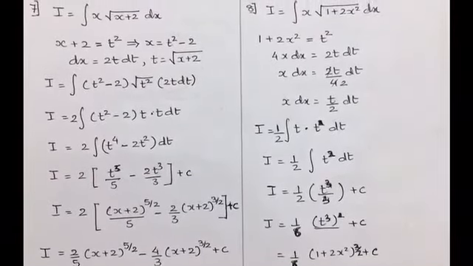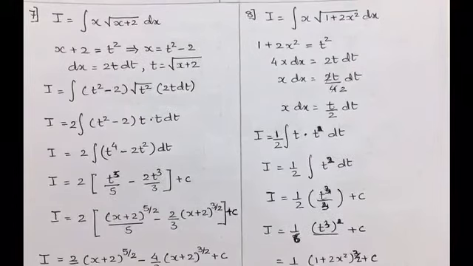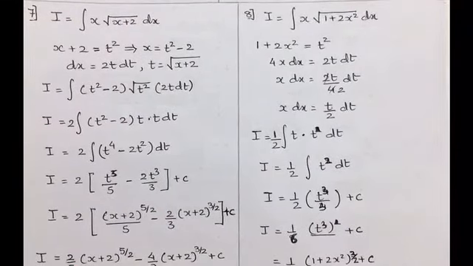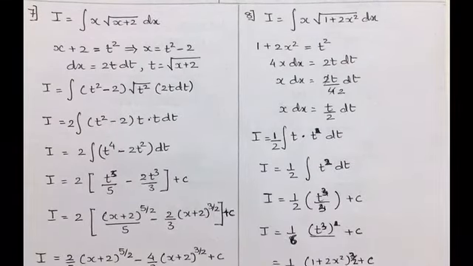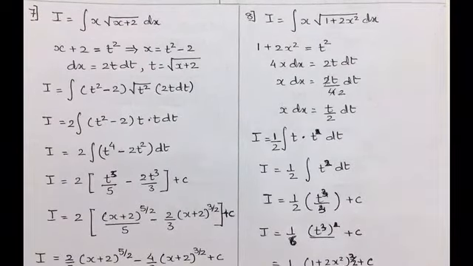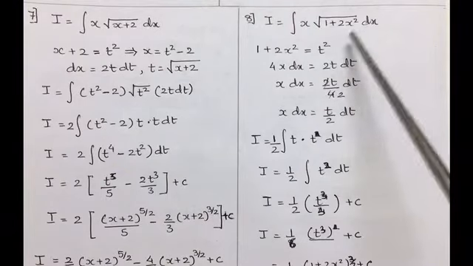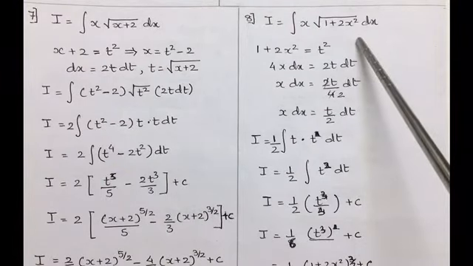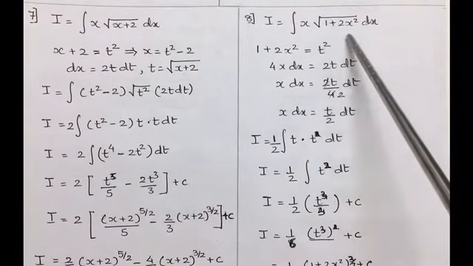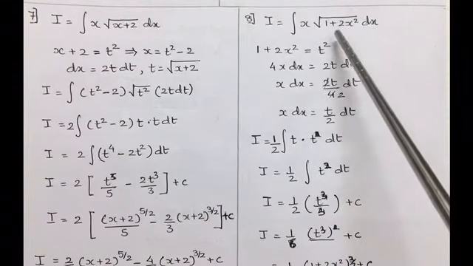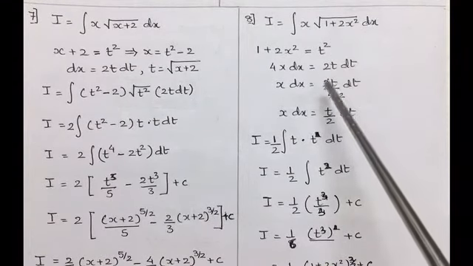Taking up the eighth one in the same way, we'll have it here as integration of x root of 1 plus 2x square, again assuming the term given inside the root as t square.